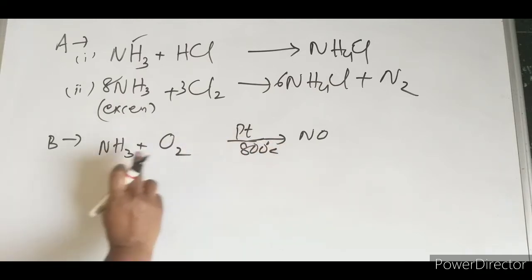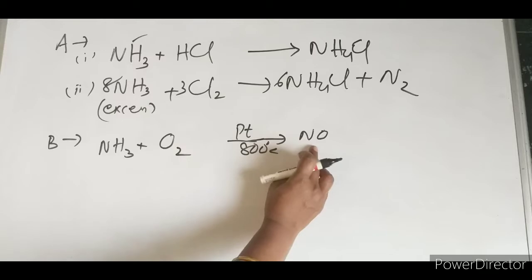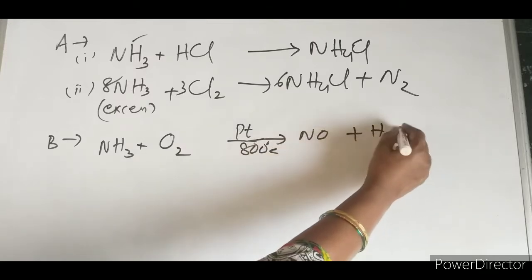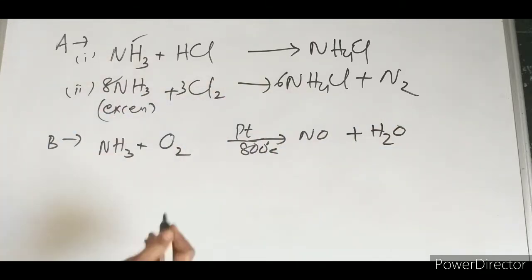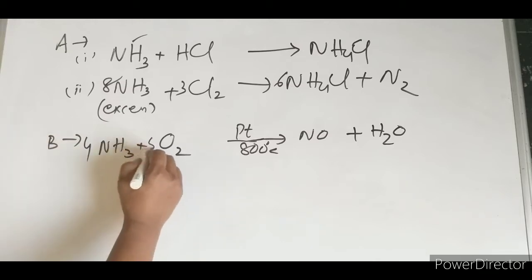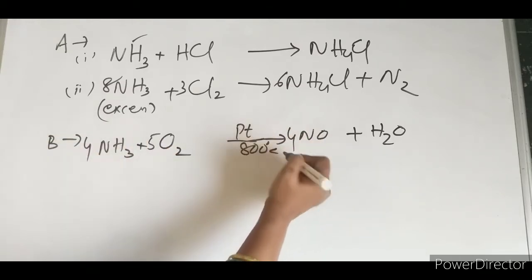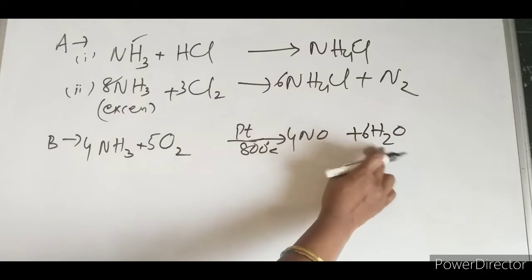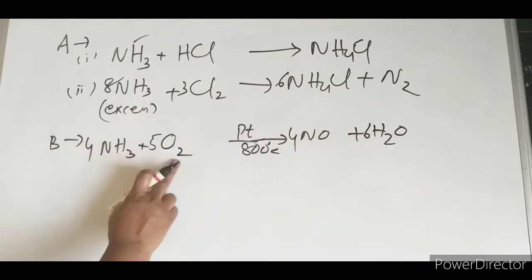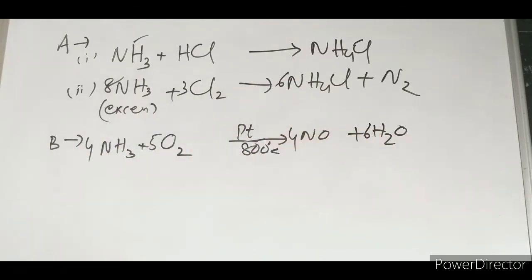So when ammonia reacts with oxygen, NO is obtained along with water. So let us balance this. This will be 4, 5, 4 and 6. Okay, so this will be the second equation.